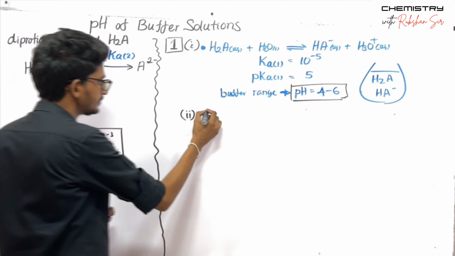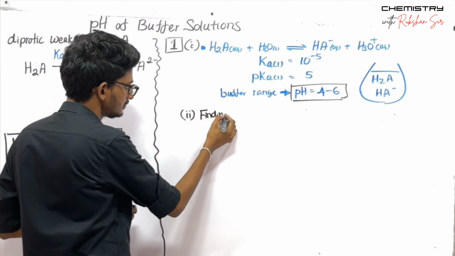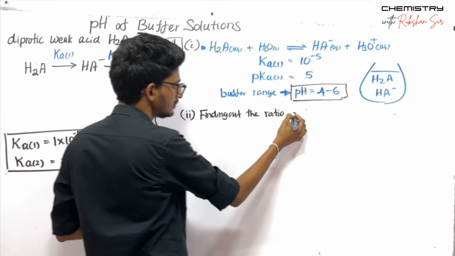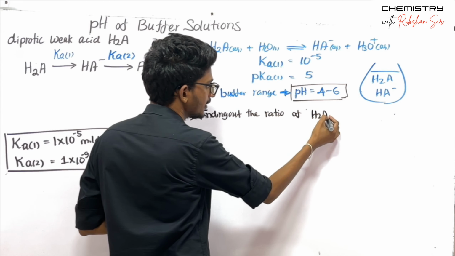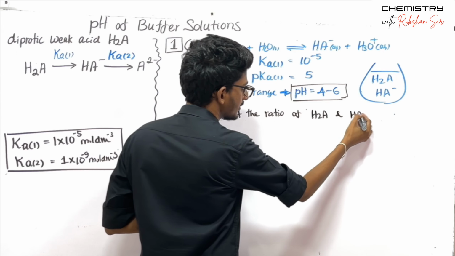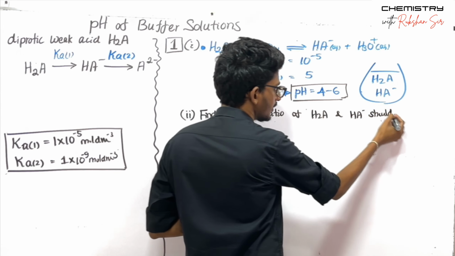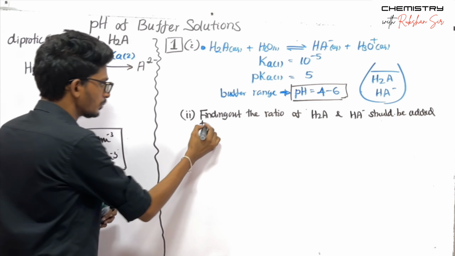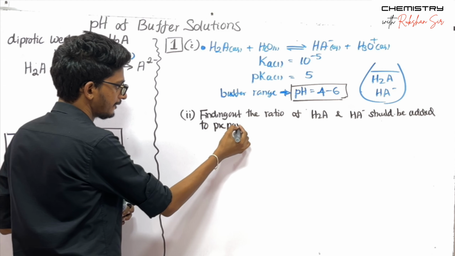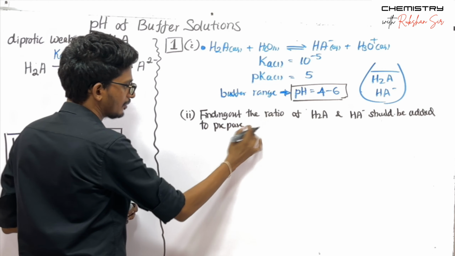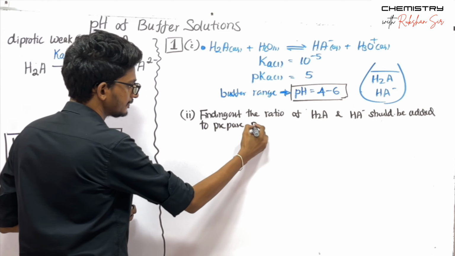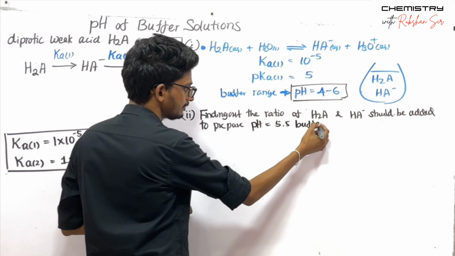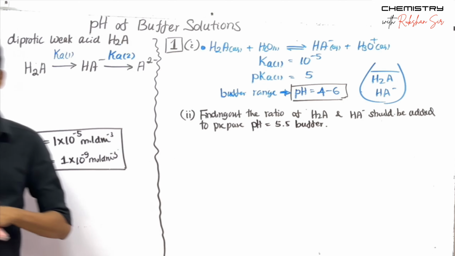Find out the ratio of H2A and HA minus that should be added to prepare the pH 5.5 buffer.